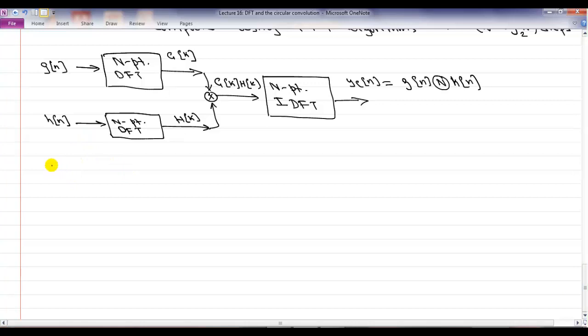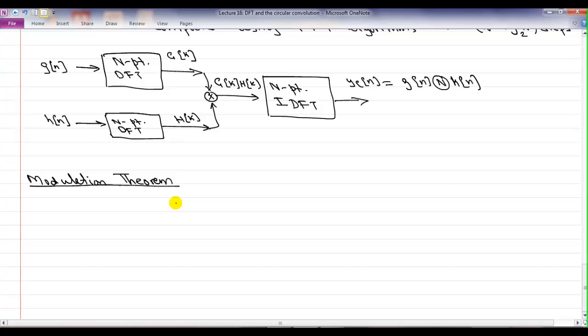We now move on to the next theorem of the discrete Fourier transform, known as the modulation theorem. So just like in the case of the discrete time Fourier transform, we have the duality between multiplication in time and multiplication in frequency. We have a similar duality in the discrete Fourier transform.